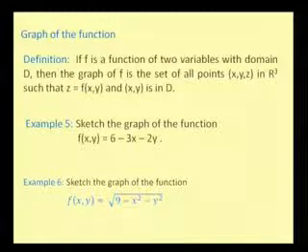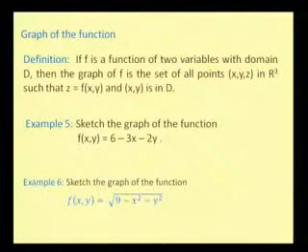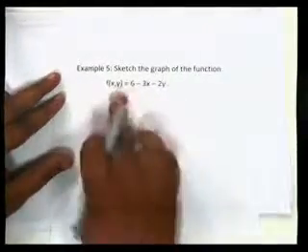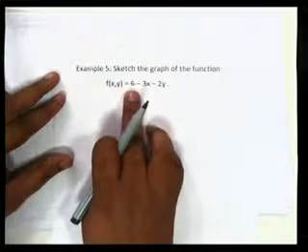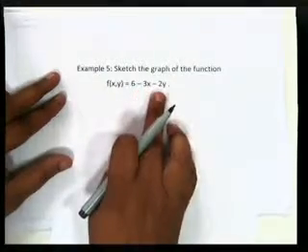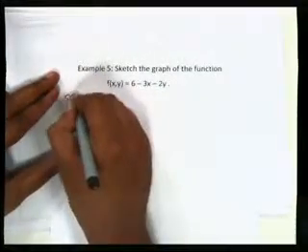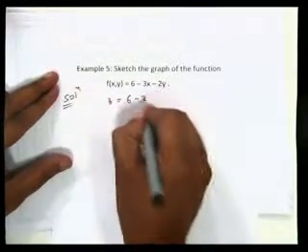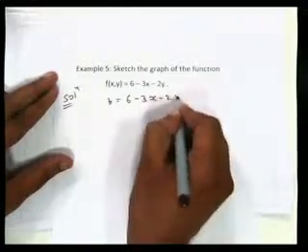Let us see one example. Sketch the graph of the function f of x, y is equal to 6 minus 3x minus 2y. Now here f of x, y is equal to 6 minus 3x minus 2y. So we can write it like this: z is equal to 6 minus 3x minus 2y.